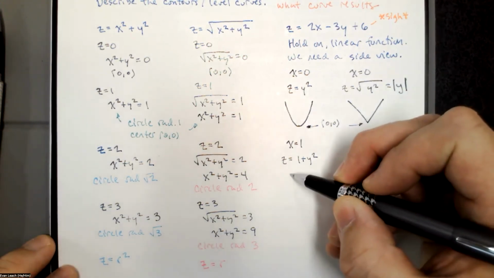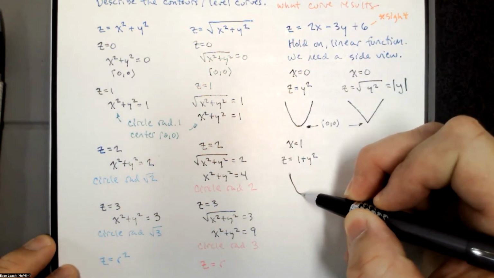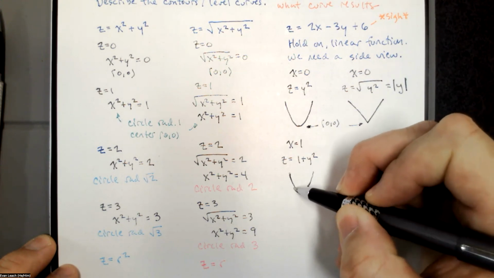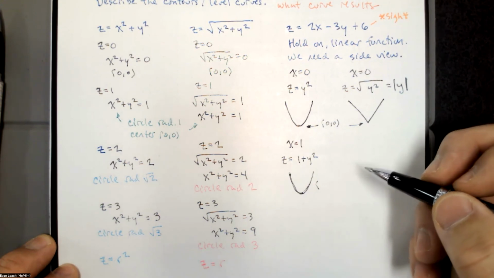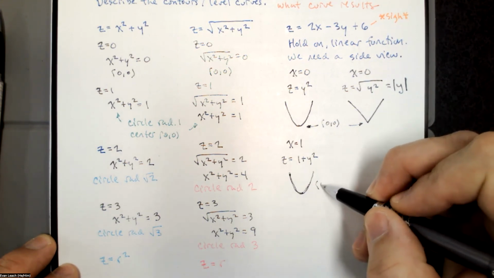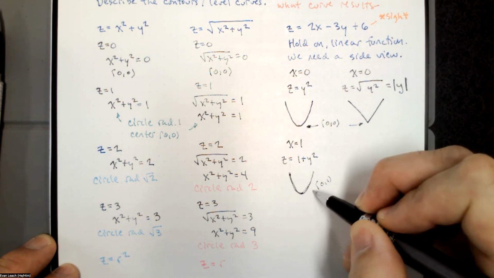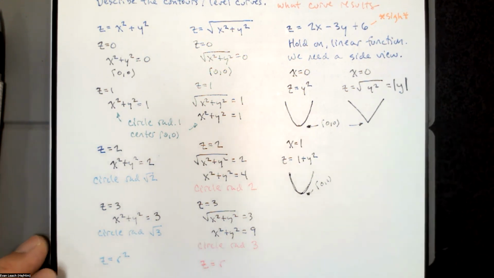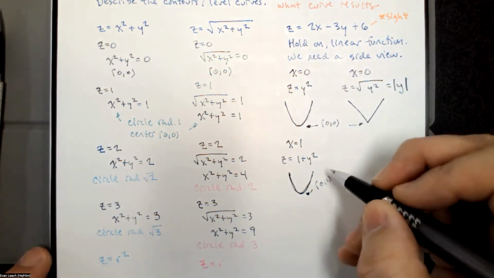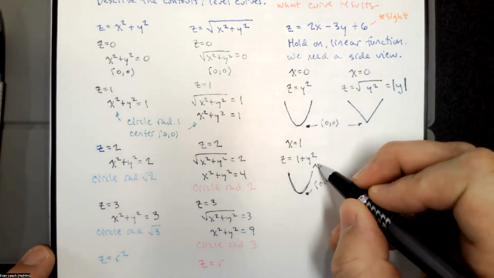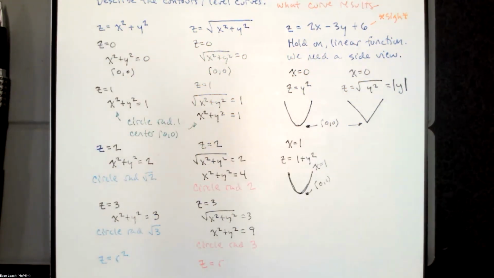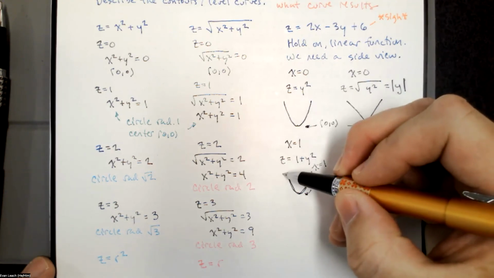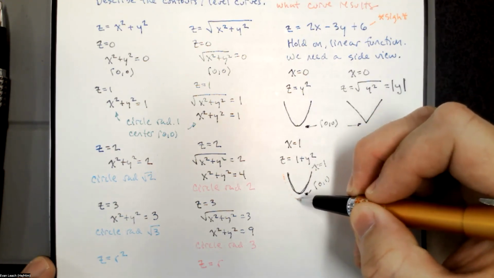So we'll have a parabola again. But the vertex is now going to be up a little bit higher. So here's our x equals 1 contour, level curve, and our x equals 0 contour will be sitting behind it with a lower vertex.